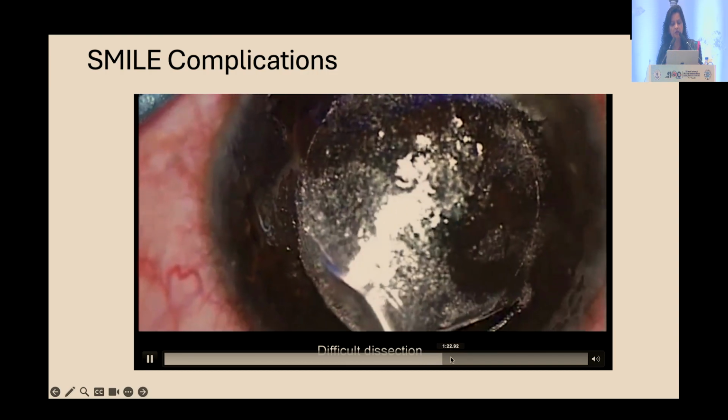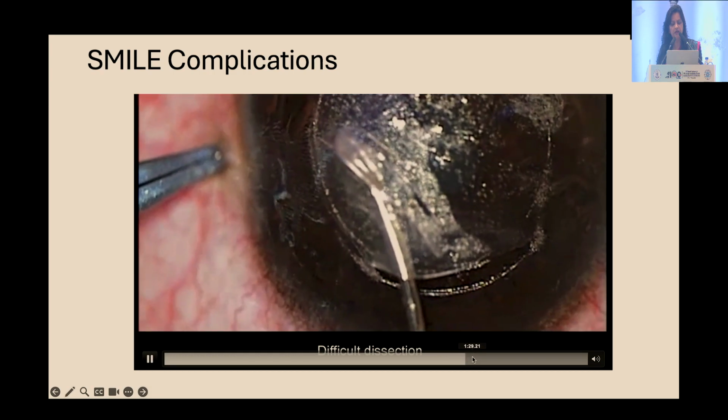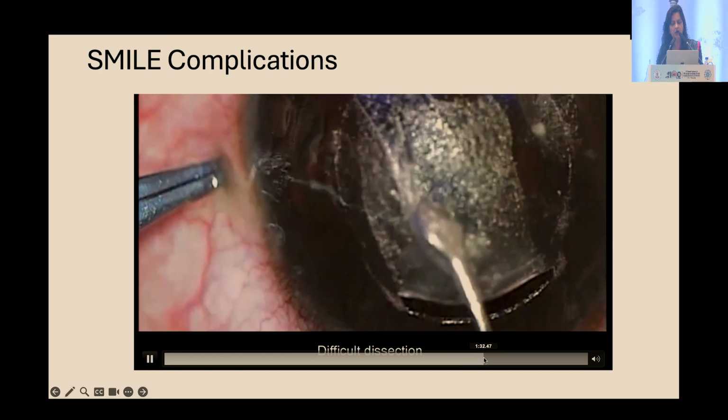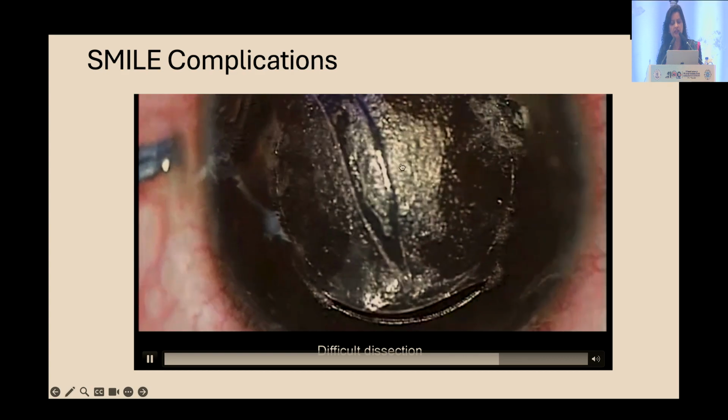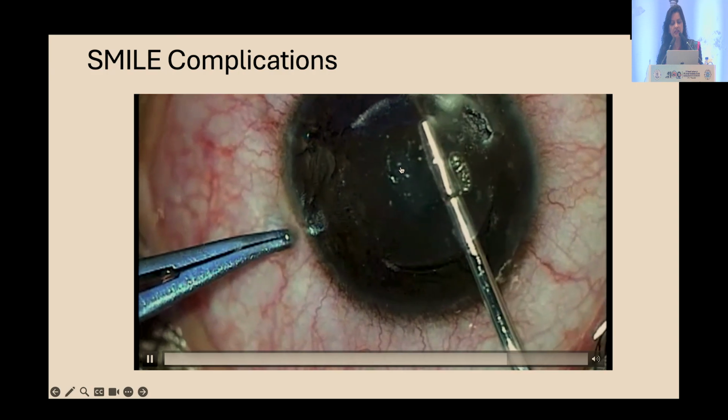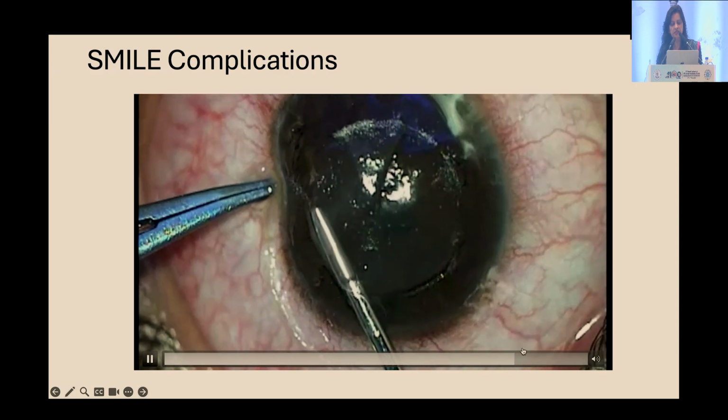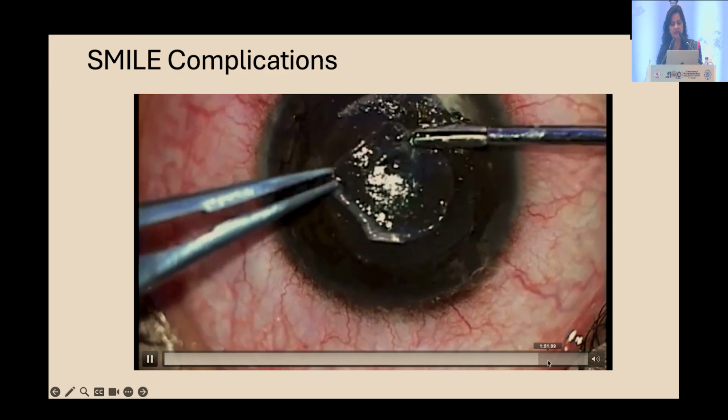This is again what I showed you earlier, a difficult dissection where, if air does go in, you can see the edge and completely dissect it again, as has been shown here.